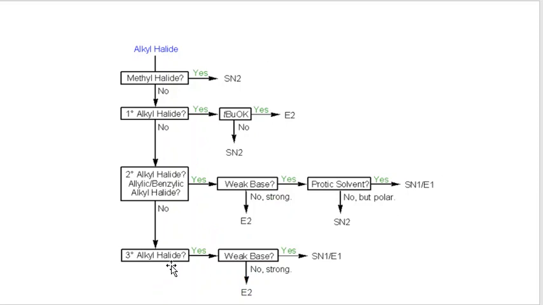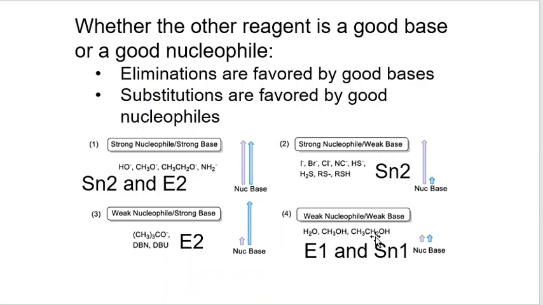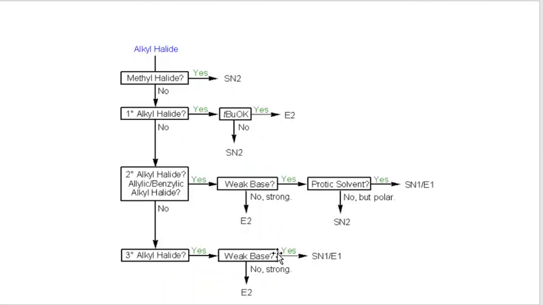And if you have a weak base, then that weak base is just going to hang out. It's not going to do anything. And it's going to wait for that carbocation to form. But once it forms, then you can either get SN1 or E1. And like I said before, it's really hard to separate those two. You usually get a mixture of both products.